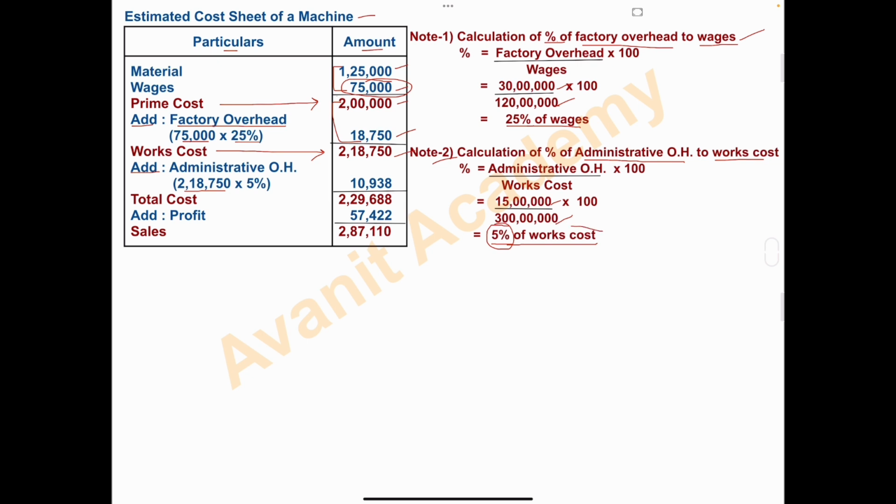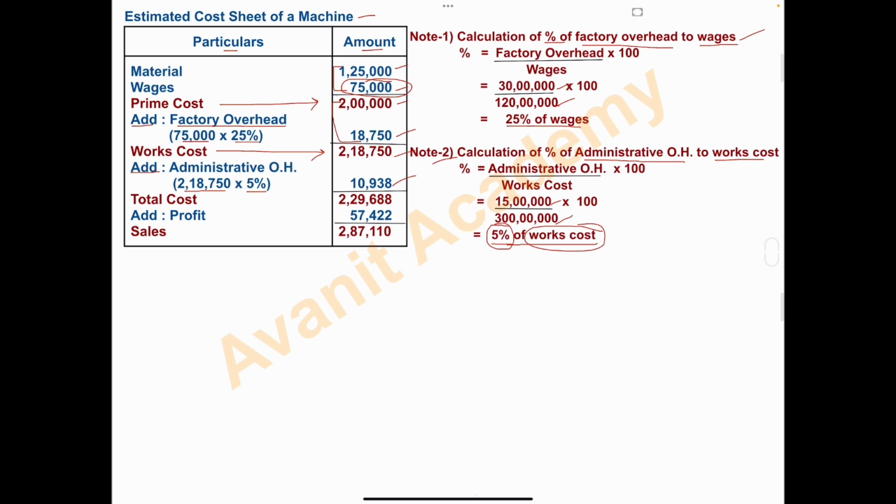So here in the estimated cost sheet, works cost amount is 2,18,750. So we have to take 5% of this 2,18,750 as administrative overhead. So do the calculation, 2,18,750 into 5%.